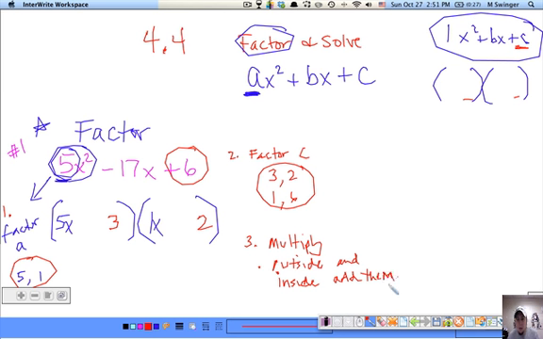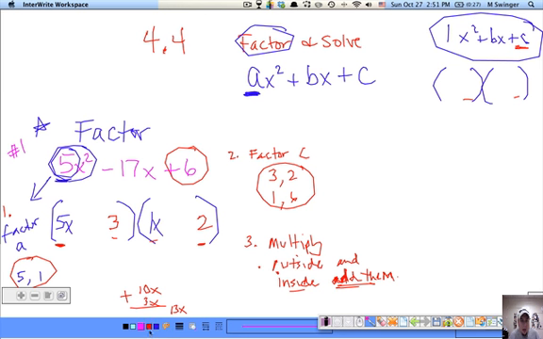Multiply the outside, what do we get? We got 5 and 2, 10x. We multiply the inside. 3 and 1x make 3x. And then we add them up. This gives me 13x. What do you think you need to get?